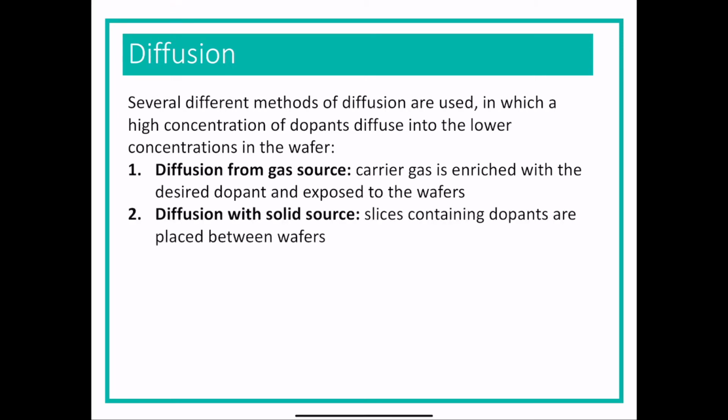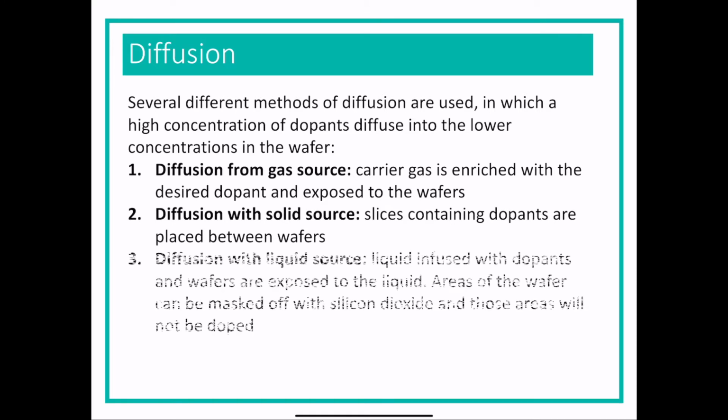You can take slices and put them between solids and kind of make a semiconductor dopant sandwich. And again, the dopants will work their way into the wafers. And then you can use a liquid source.